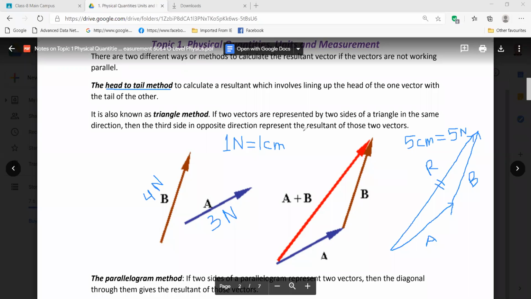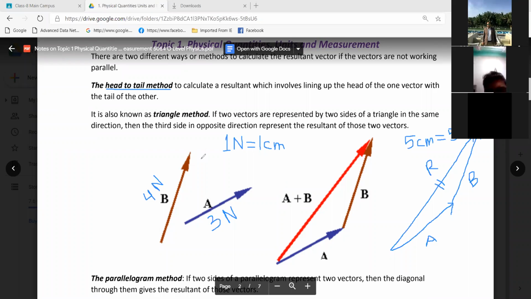Now we are going to the next step, right? Next content. Can we go there from here? And already you also understood what is the triangle method, right?